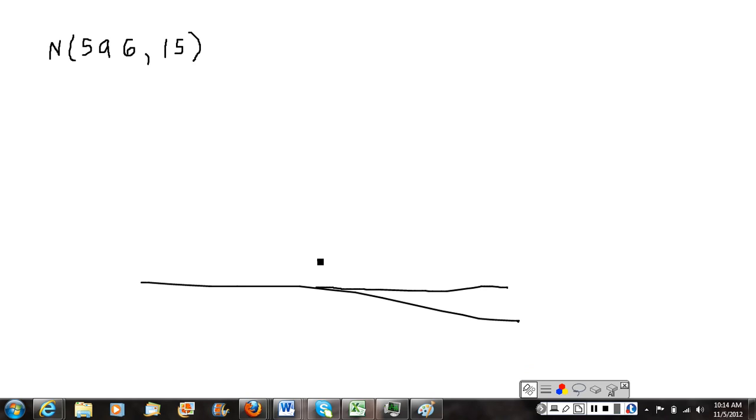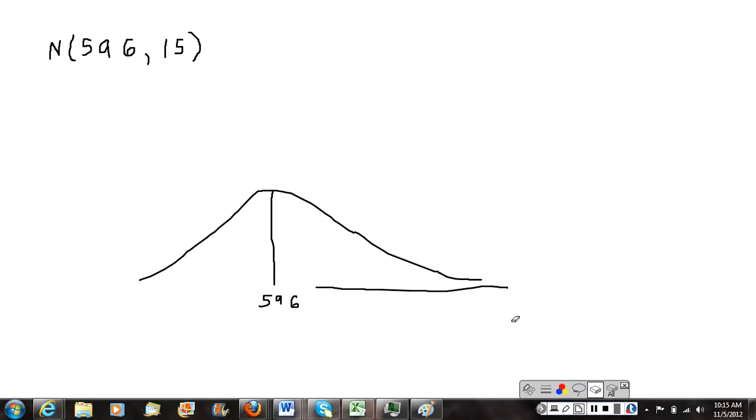So imagine a horizontal axis. Now we're going to draw our normal curve. Yours will look more beautiful than that, but that gives you an approximate sense of what we're doing. And our mean here is at the value 596. So this is 596. Let's erase that extra line so it doesn't mess us up.